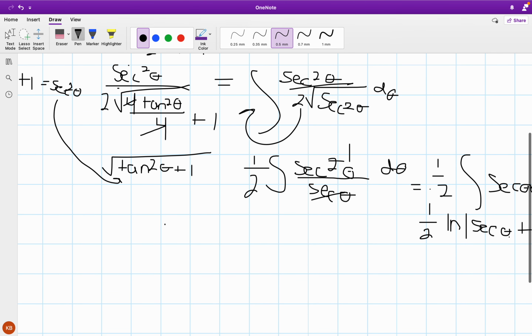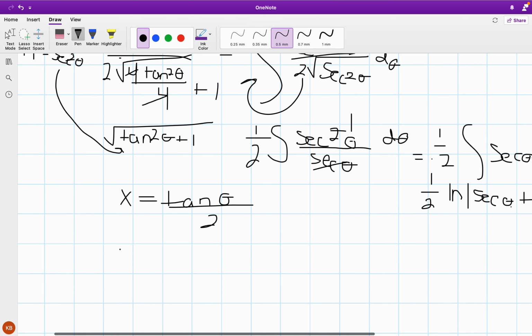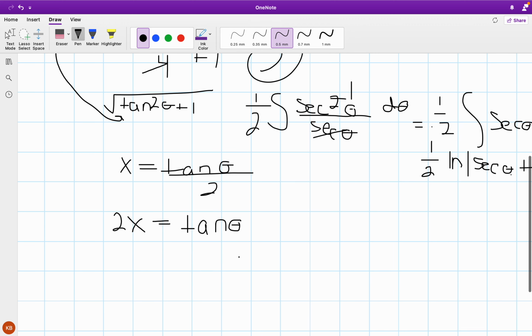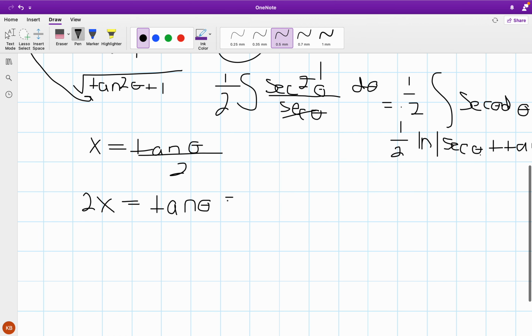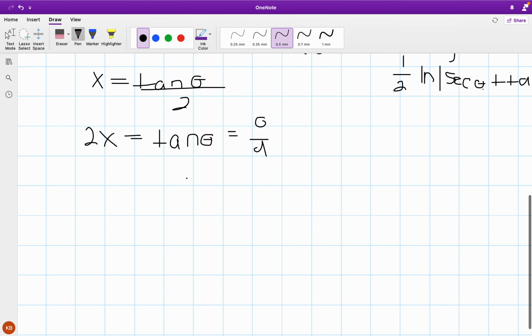So x equals tan theta over 2, which would make it 2x equals tan theta, which would equal, so you remember SOHCAHTOA, opposite over adjacent, and then we're going to draw a right triangle.